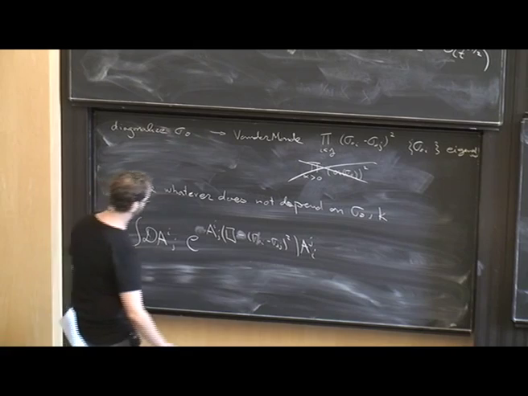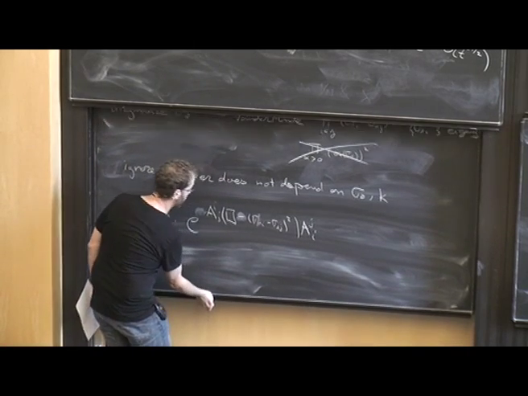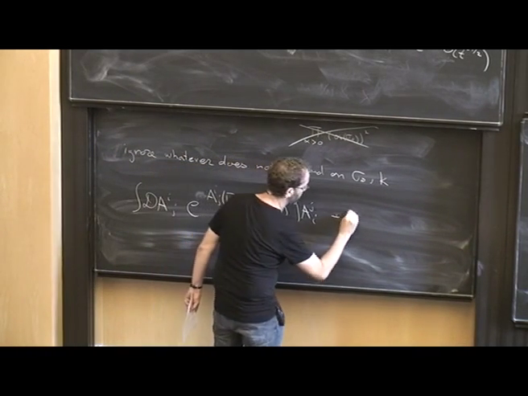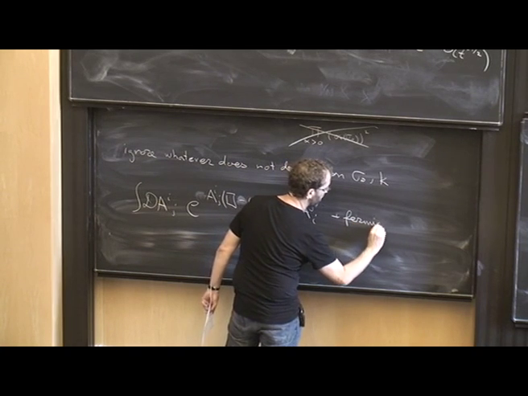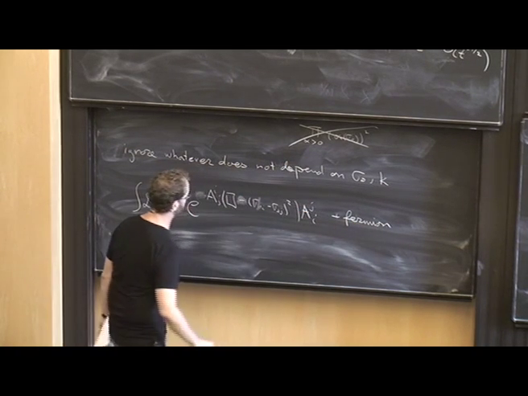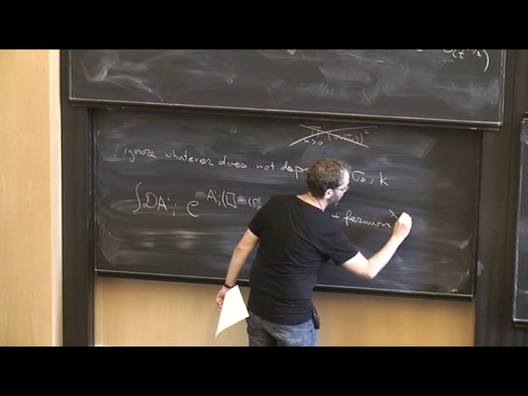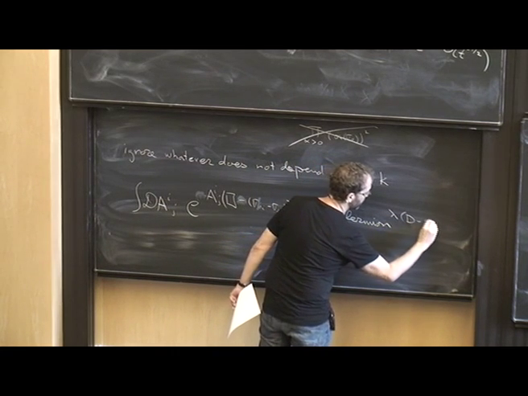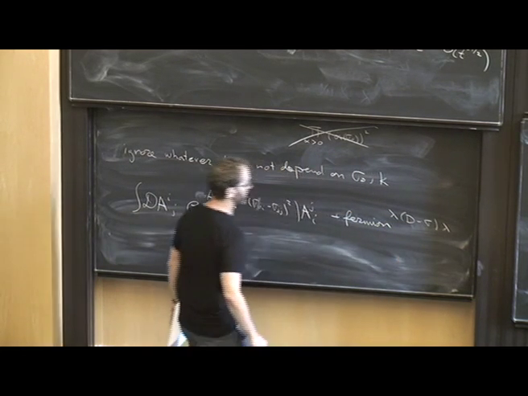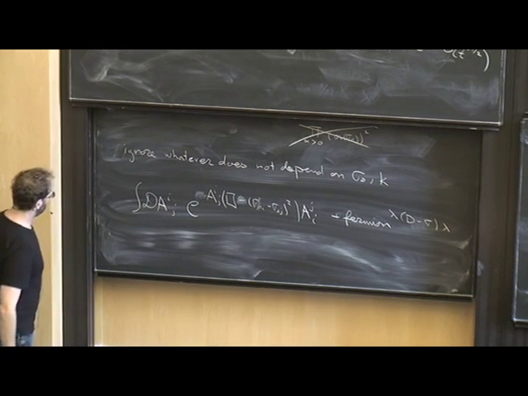Then there is another fermionic term, which is essentially lambda times D minus sigma lambda, something like that.